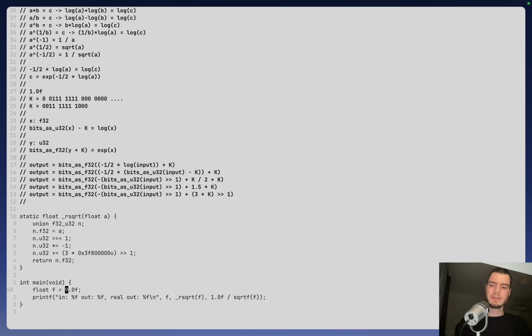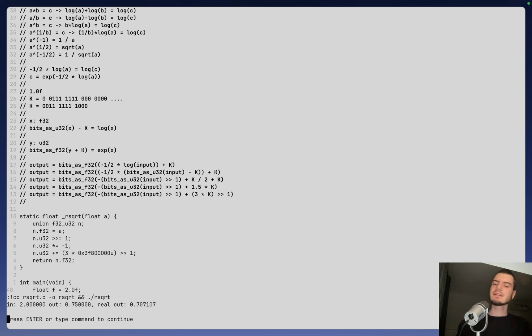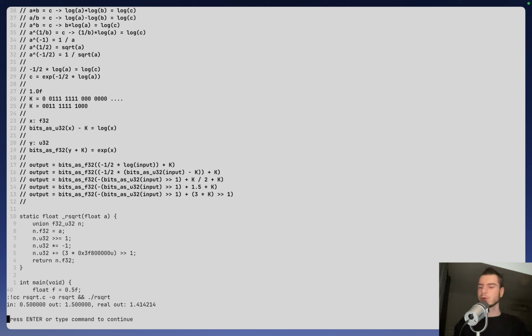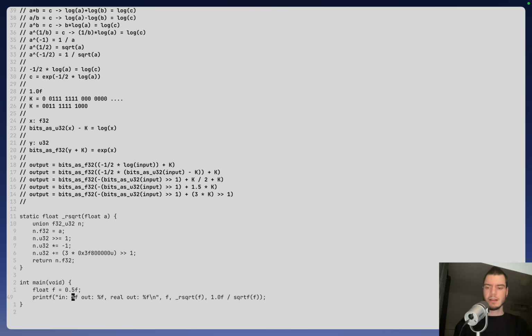Let's try more values. Let's try 2. And again, we're not terribly far off, but we are not as accurate as the actual calculation result. Let's try 0.5. Okay, we're still somewhat close, not terribly far off, but also not the same.